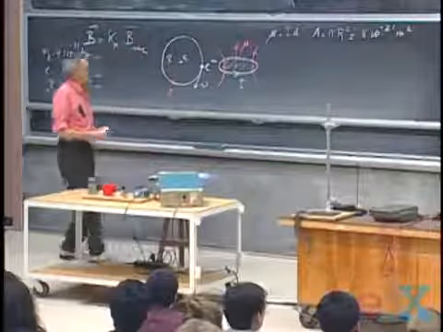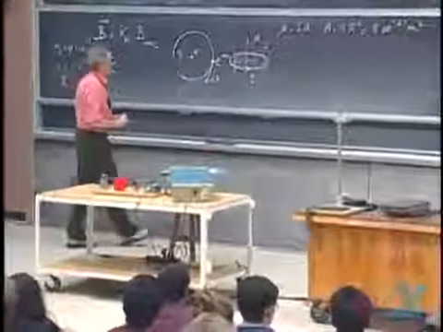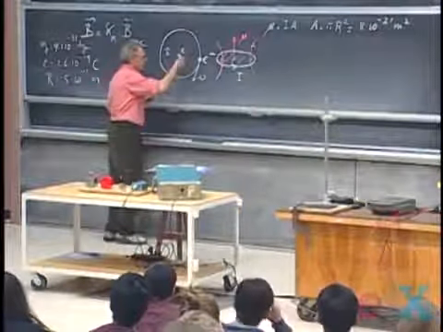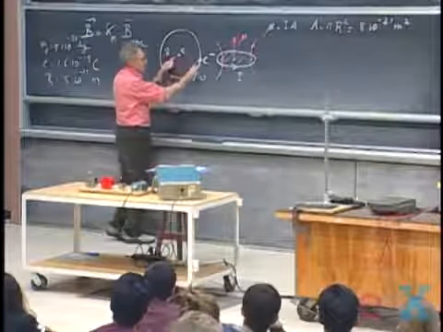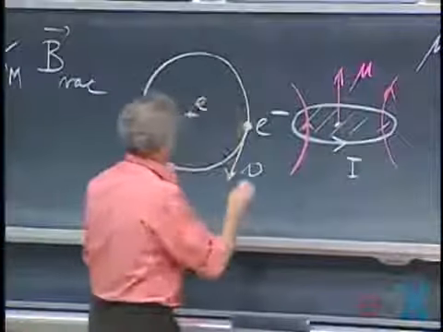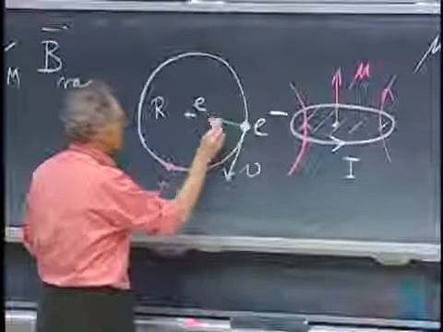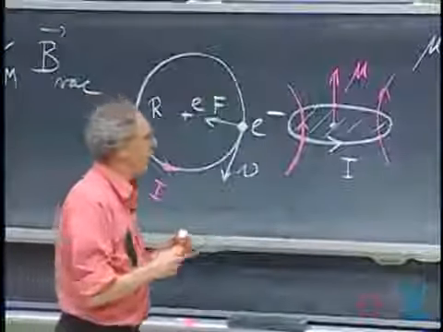And we have to combine our knowledge of 802 with our knowledge of 801. If this electron goes around, the reason why it goes around is that the proton and the electron attract each other. And so there is a force in this direction. And we know that force, that's the Coulomb force, it's an electric force.